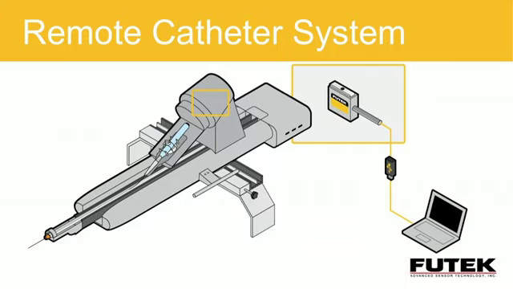So in closing on applications, I think this is the perfect closing point. This application is extremely critical, requires precise results to guide that catheter on its journey to repair the body, and requires digitized data to allow for proper feedback and control.